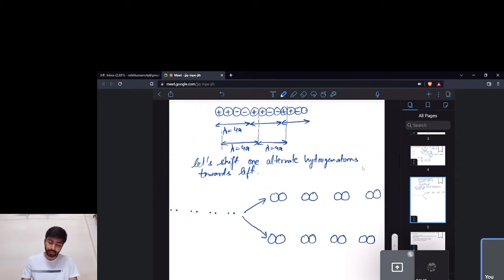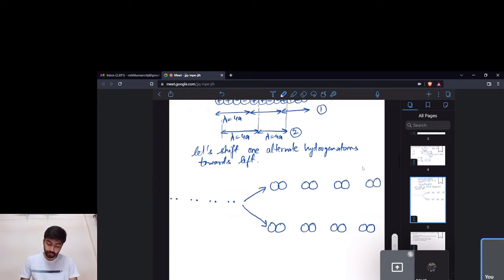Now if I consider this as scenario number one and this as the second scenario, where the standing wave was plus minus minus plus. Now let us have the first scenario here and the second scenario here. Plus plus minus minus plus plus minus minus, and here we have plus minus minus plus plus minus minus plus.